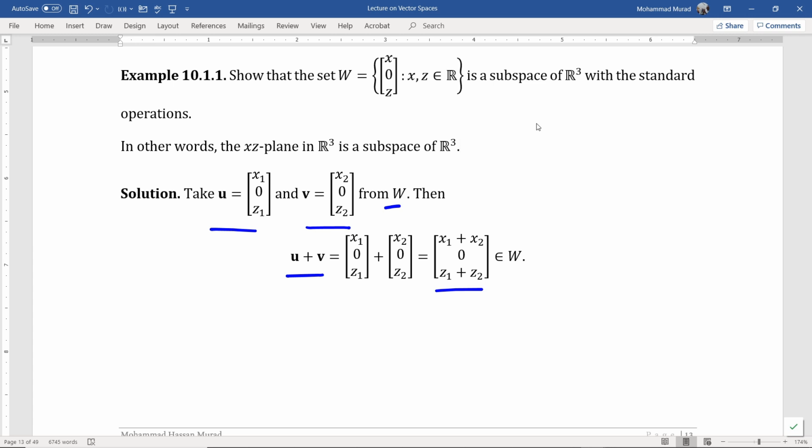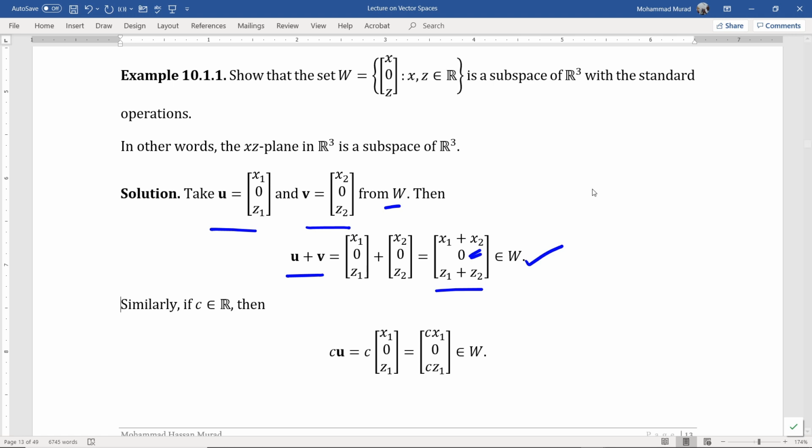Since the second component is 0, the vector u plus v is certainly in the set W. So we proved that W is closed under vector addition.